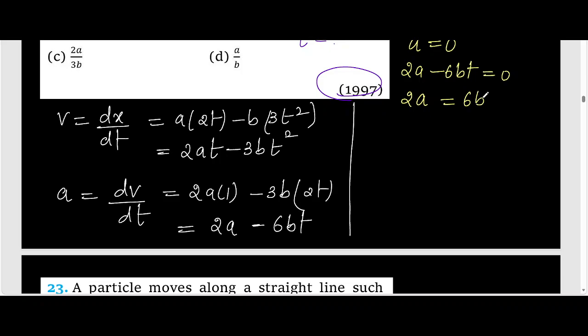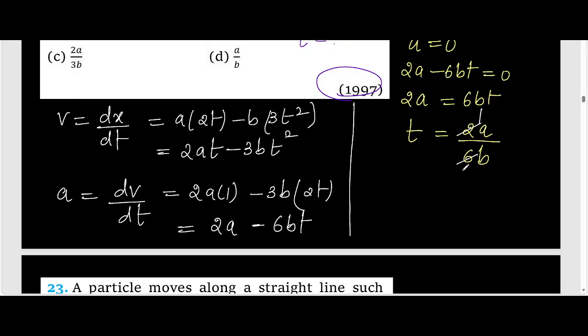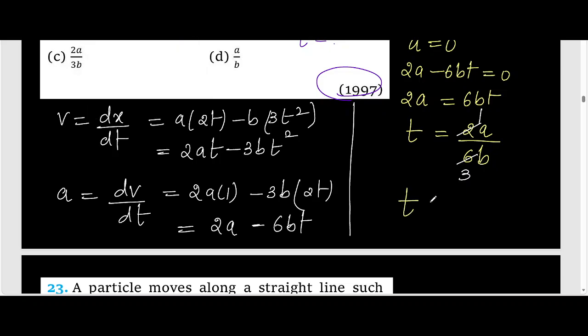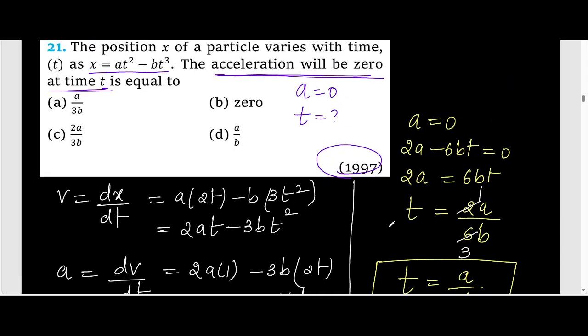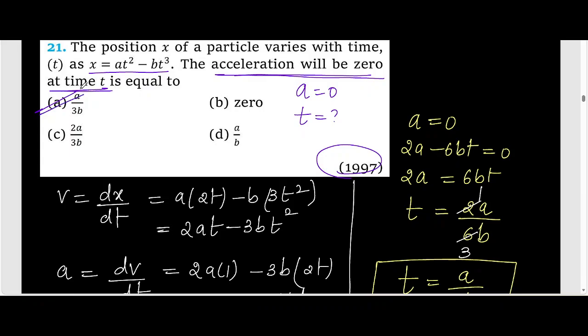Now what is t here? It is 2a upon 6b. Eliminate the common factors. 2 goes 1 time and 6 goes 3 times. So t is equal to a upon 3b. So this is the time at which the acceleration of the body becomes 0. So it is in option A. So the answer is option A.